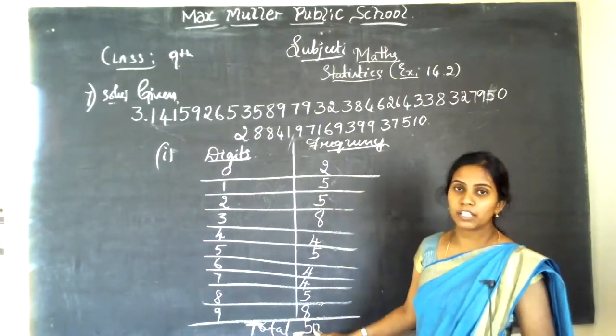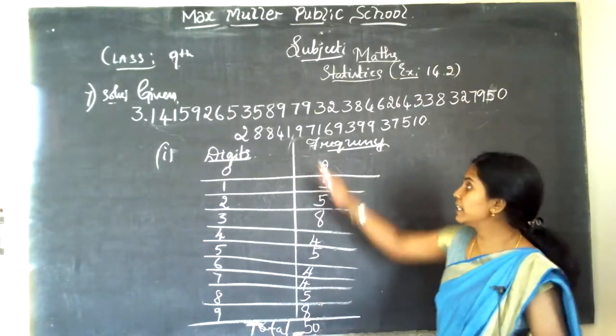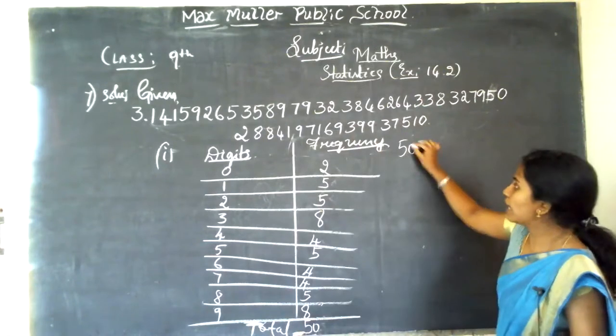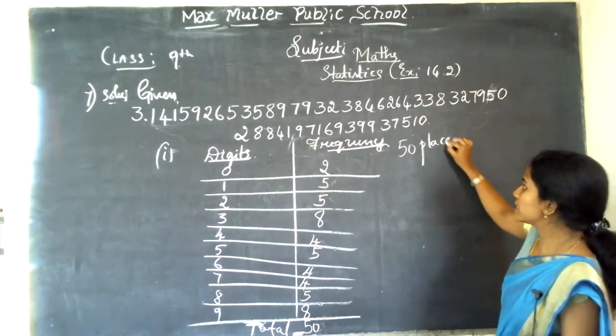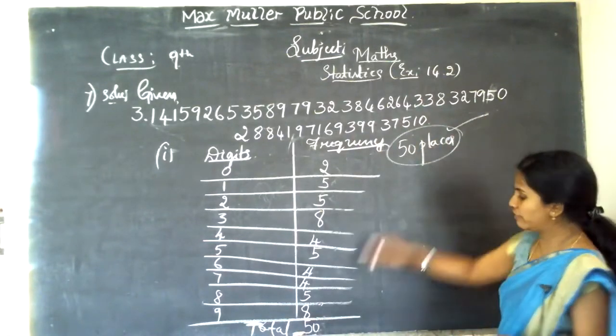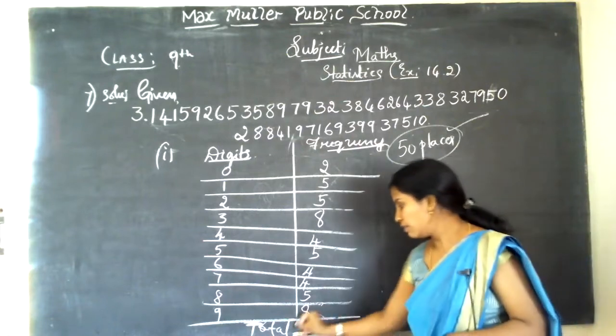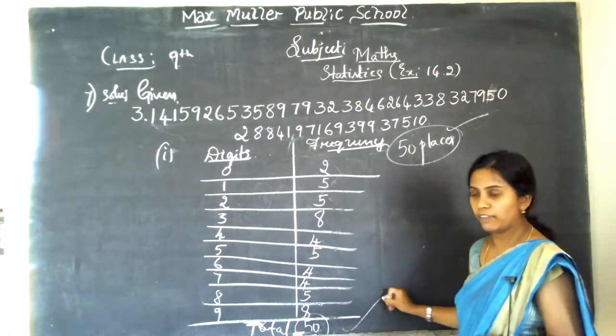Why have you totaled it? To verify how many decimal places there are. They have given 50 places, and the total is also 50. So therefore it is verified.